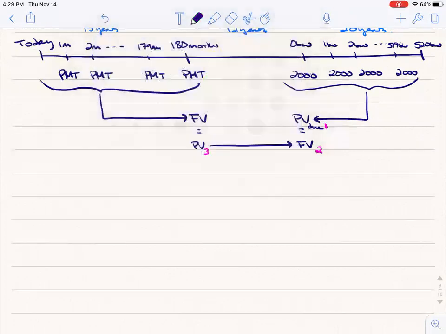And actually, this arrow, right, from present value 3 to future value 2 is actually going the other way around, right? It's moving from the future value to the present value in our case. And then finally, we'll know the future value 4, and then we can use that to solve for the PMT.